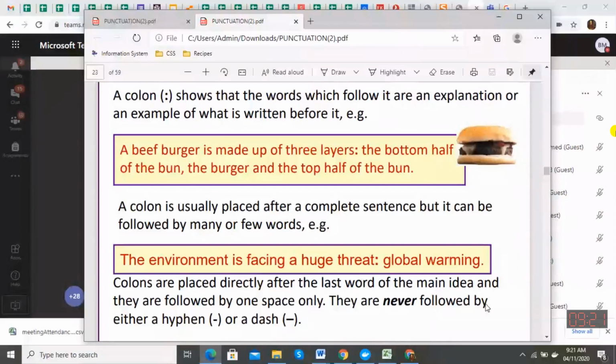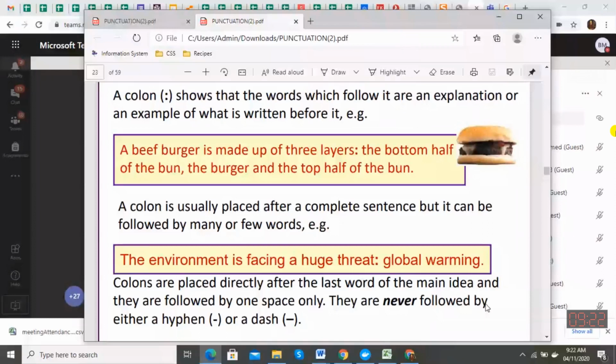But I want to sell my product, and I want to tempt my client, and therefore I want them to know more about my burger which I have prepared. So I have added further information. The burger consists of bottom half, the burger, and the top half of the bun.